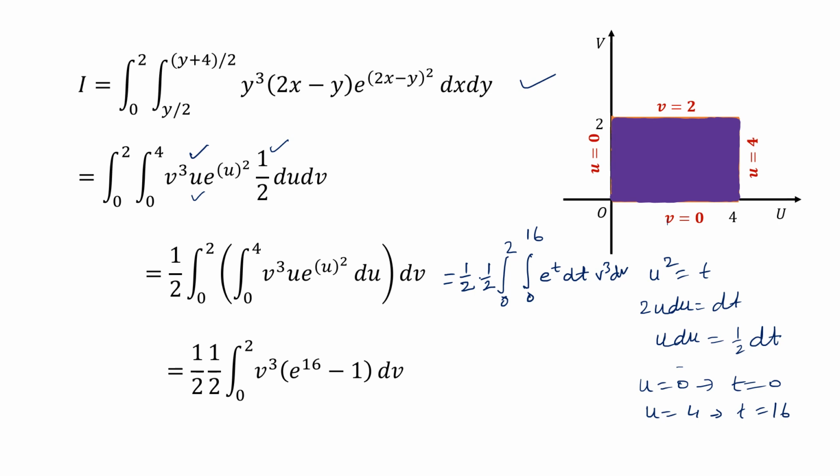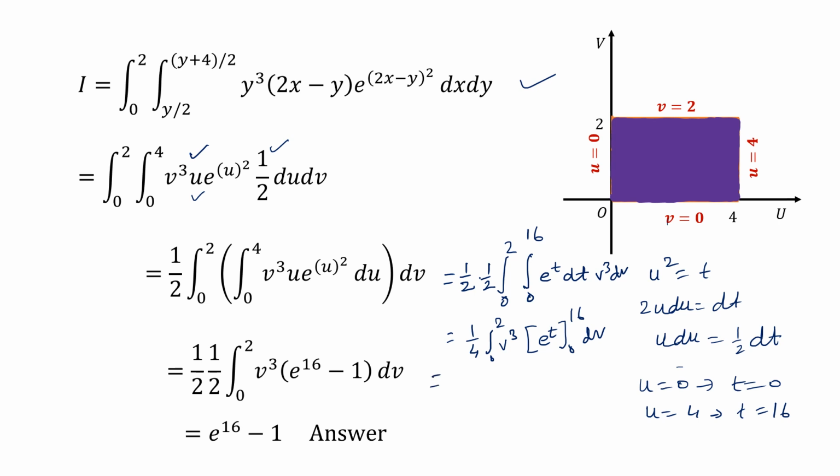So ultimately it is going to be 1 by 4, 0 to 2, v cube, e to the power t from 0 to 16, dv. So that we have applied, it is e to the power 16 minus 1, v cube dv, and 1 by 4. So this is the constant that you can take outside, and you perform only for this one.